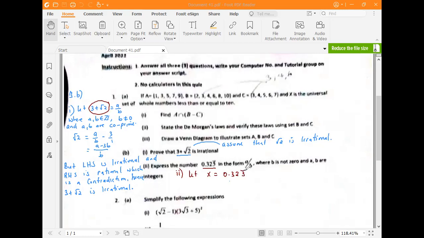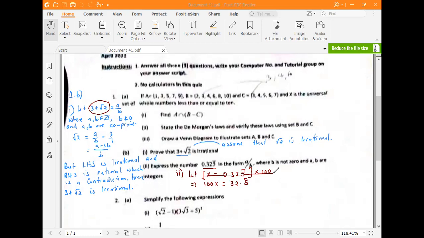As you can see, only 5 is under the bar. 3 and 2 are not under the bar. So the first thing we do is to multiply by 100, so that you move those two numbers. So you have 100x is equal to 32.5 bar.